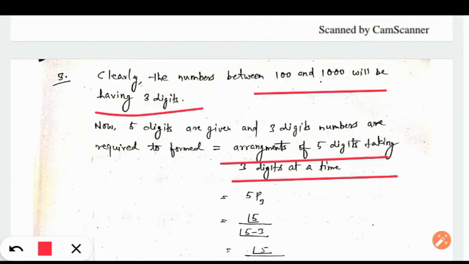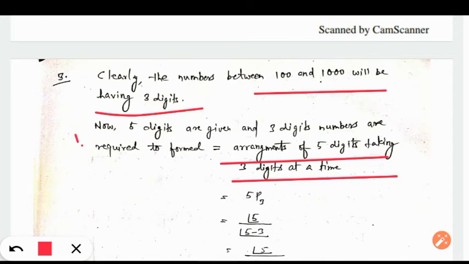If we do arrangements of digits, we will get numbers. Suppose the first number is 3, 4, 5, a 3 digit number. If we reshuffle 3, 4, 5, or if there is an arrangement between 3, 4, 5, what will we get? We will get different numbers, right?